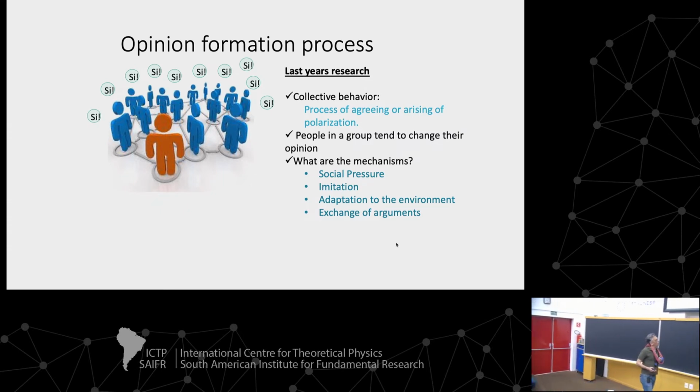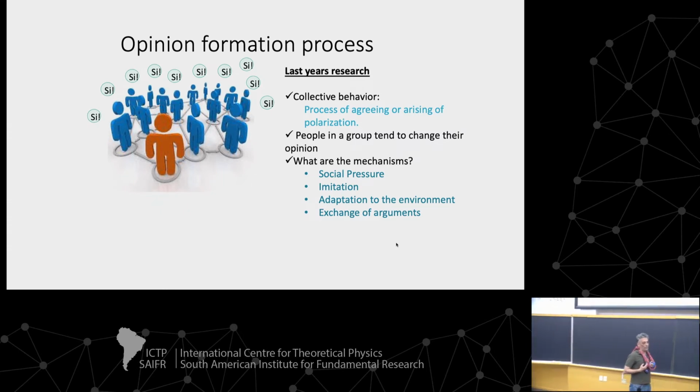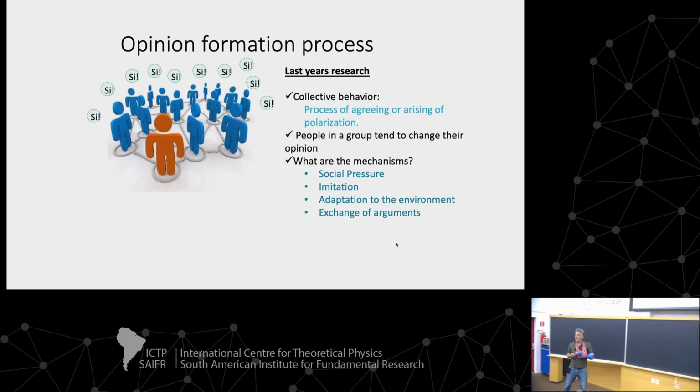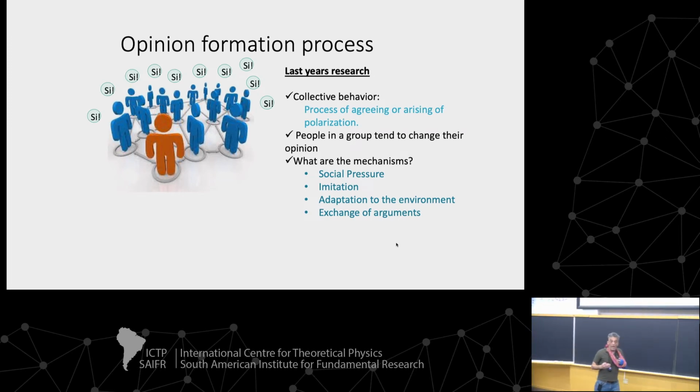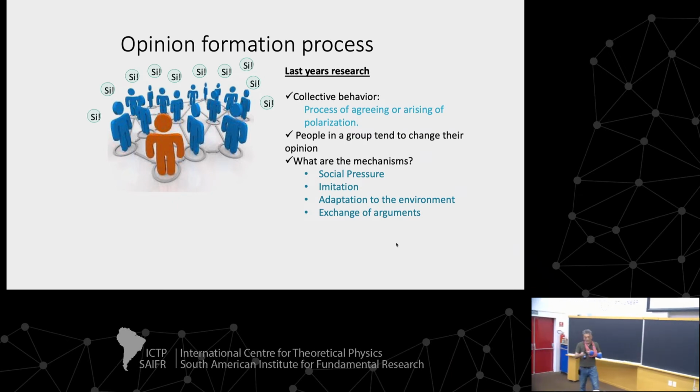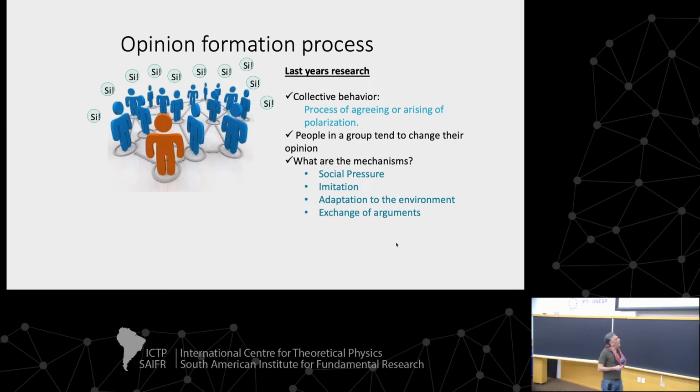We are focused on, and I will focus these classes on, opinion formation processes, which of course can be seen as collective behavior, because people interact with each other, and there are processes of agreement or interaction that can lead to collective behavior that is important for our living.